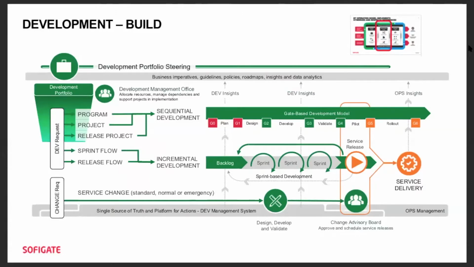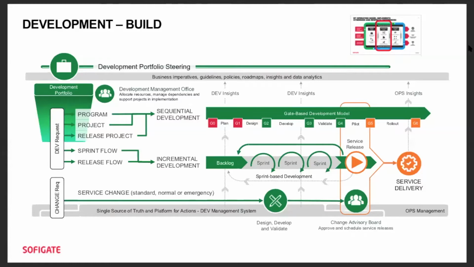Sequential development is classically handled as a program or project, or might be a simple release project. Incremental development is usually handled as a sprint based flow or a release flow. But there's as well another way to organize it, and this is the ITIL-based change, where more or less complex changes are handled, and still they are following the flow of design, develop, and validate.